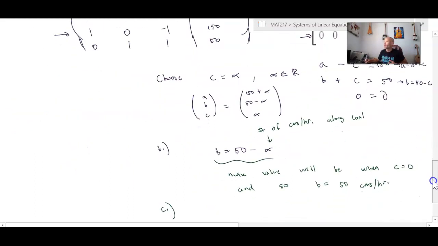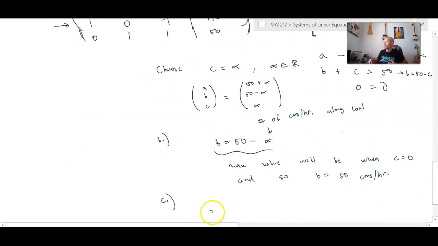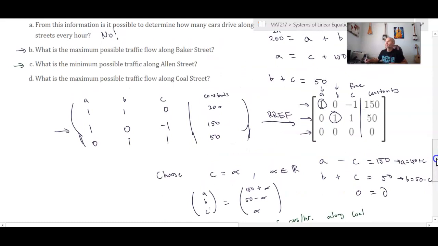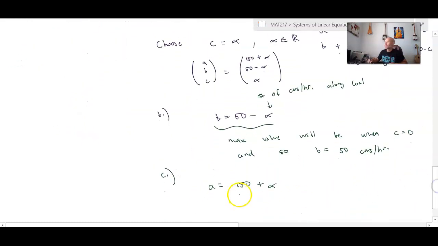The minimum traffic. Well, Allen Street, notice, is 150 cars per hour plus the value of alpha, the number of cars down Cole Street. Well, this 150 plus alpha, we know that alpha can't be negative, right? So we know that alpha is bigger than or equal to 0. You can't have negative cars going down Cole Street. So alpha can only be at 0 or higher.